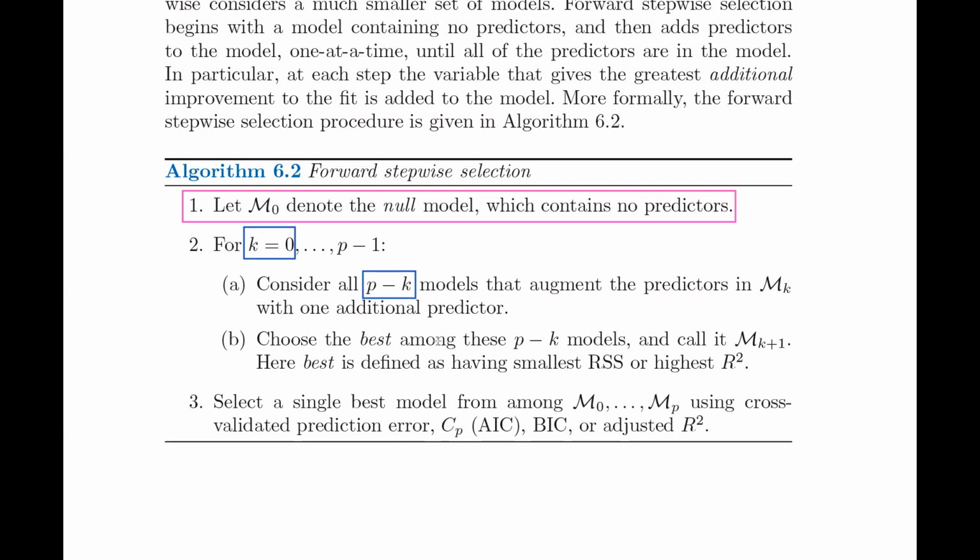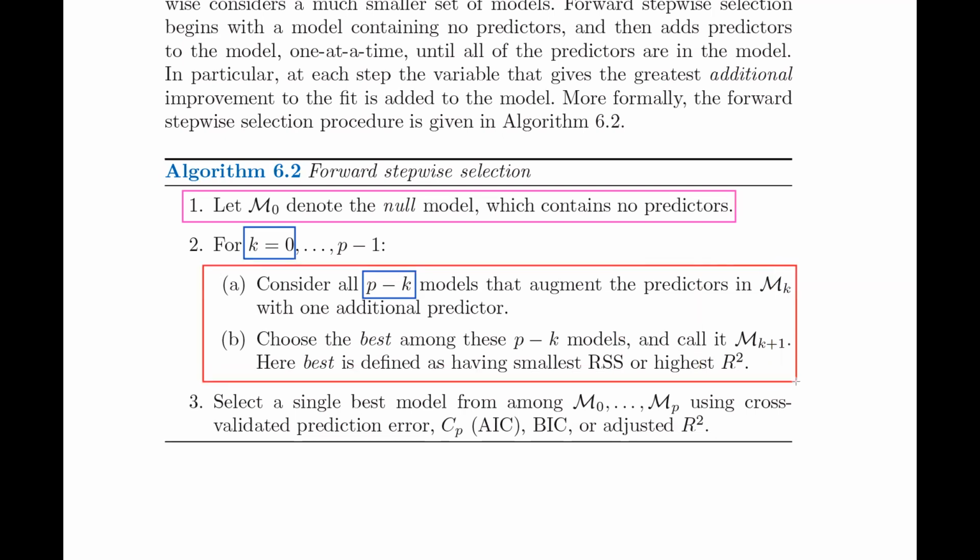Choose the best among these p minus k models and call it M_k plus 1. Here, best is defined as having the smallest residual sum of squares or highest R squared. Right. So we're looking at p models over here, at least in step 1.